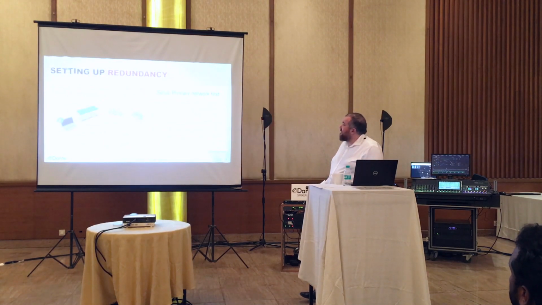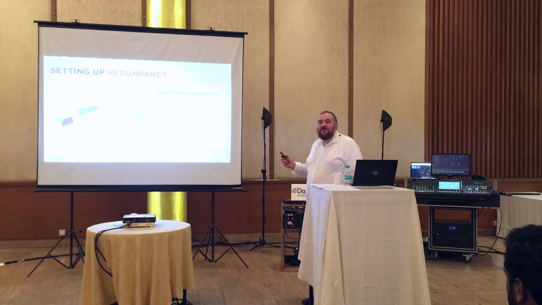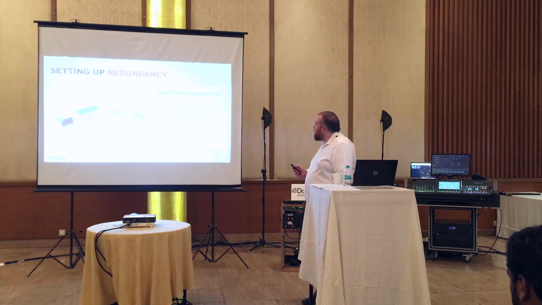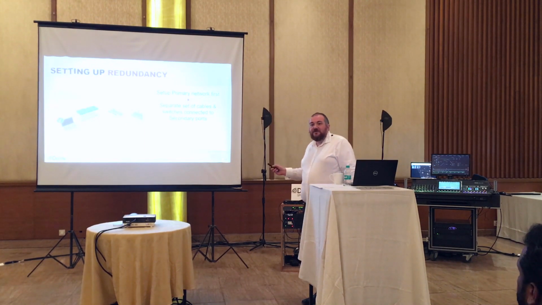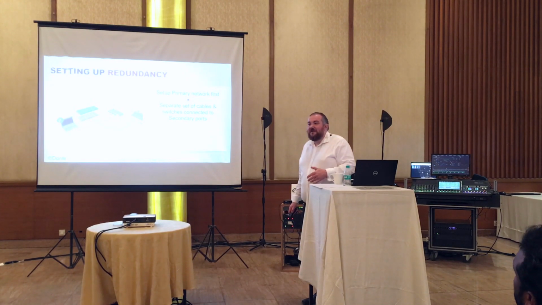So to set up redundancy, some top tips here. Set up the primary network first. The reason why I say this is because we need a separate set of cables and switches connected to the secondary ports. Now, some Dante devices have a labeled primary and labeled secondary port, but when they come out of the box, they're actually set to what we call switched mode, so that becomes a daisy chain, and actually both of those ports are primary.